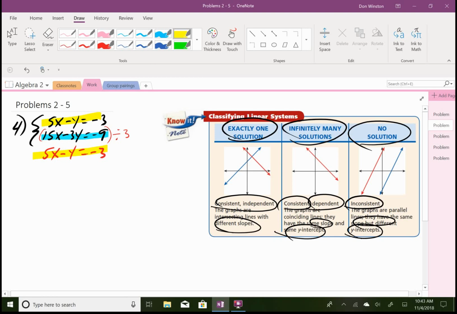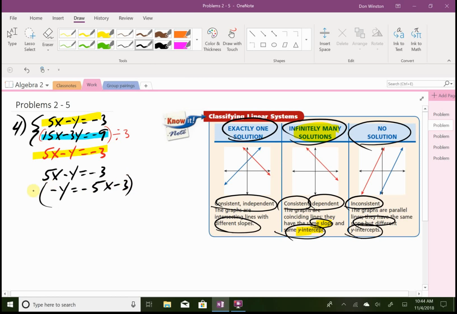But now notice here, I have the same equation for both. And so something tells me that this is going to be infinitely many solutions, same equation, same slope, same y-intercept. So what I'll do is I'll solve the top equation or bottom. It doesn't matter, they're both the same. I'll solve it for y. So 5x minus y equals negative 3. Subtract 5x from both sides. I get negative y is equal to negative 5x minus 3.